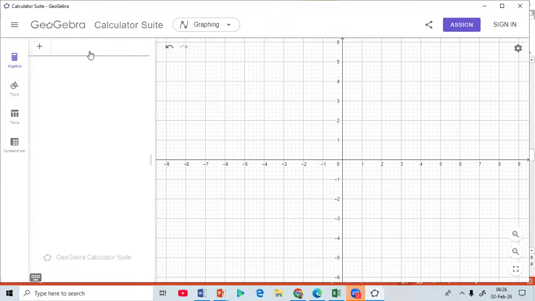I wanted to show you how it looks like that Y is equal to 2000 log e of x plus 1.